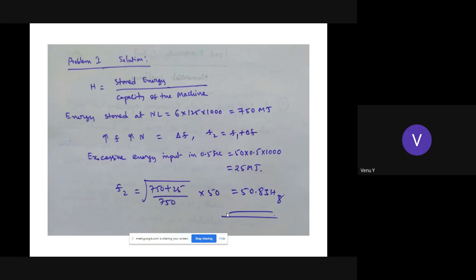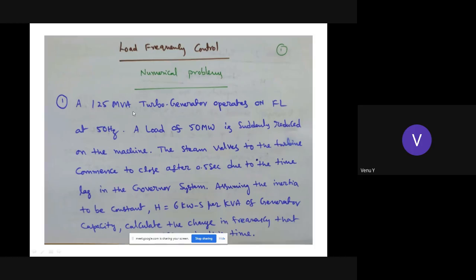If you adjust the droop, so that you will get 50 hertz, in that case the droop characteristic can be adjusted so that you will get the same frequency here also. That is our question. Let us understand the question properly and then solve the problem. A 125 MVA generator is operating at 50 hertz at full load. Therefore, when the load decreases, naturally speed increases, frequency also increases.